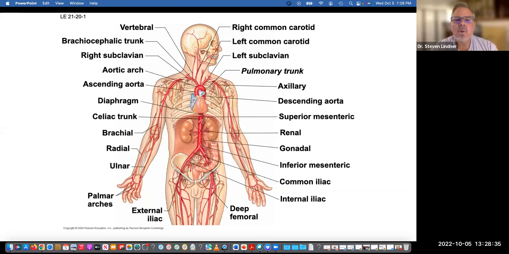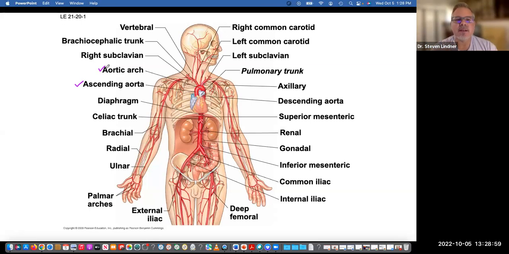So what's nice about this picture, you can see the heart, we can see the ascending aorta, we could see the arch of the aorta, and right off the arch of the aorta, there are three branches, one on the right side, meaning the individual's right side, not your reading right.